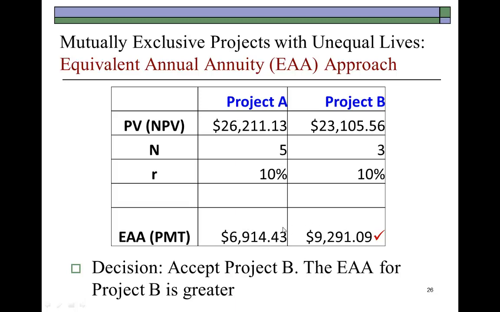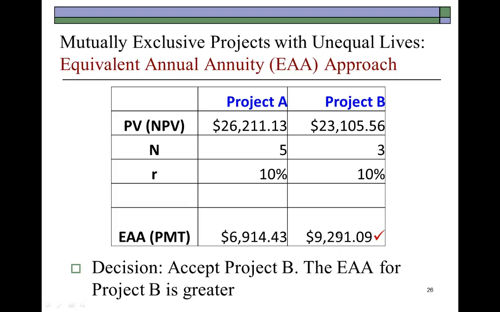And we find here that if we look at this NPV here for A as present value, and 5 is in, and 10 is the rate of return or the cost of capital, and then compute the annuity cash flow payment, we find that that for B is greater.